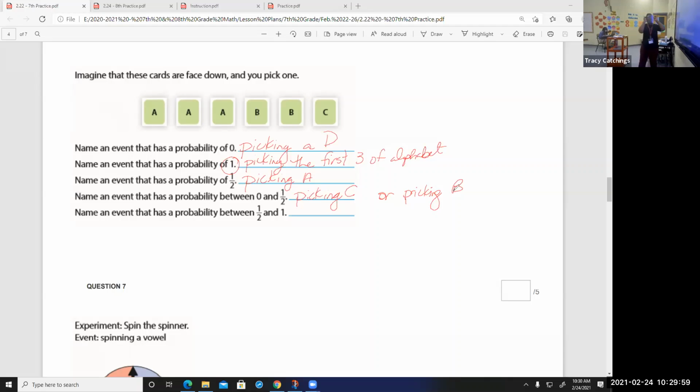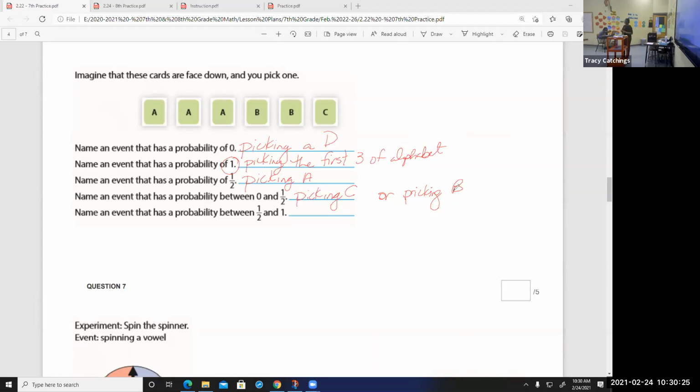All right, the last one said an event with a probability between a half and 1. So if a half was 3, that means I need something that's 4 or more. Five will work. What do you know about 5 cards? Which 5 are you looking at?